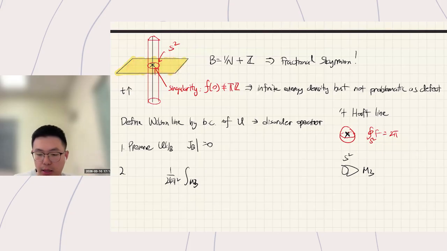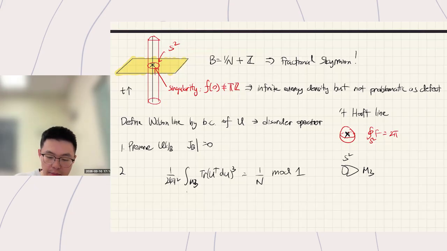It's just some arbitrary M3. Then we want the integral of (U†dU)^3, which is basically the skyrmion current, to always give you 1 over n mod 1. And this M3 has the property that its boundary is just the S2 that we start with.